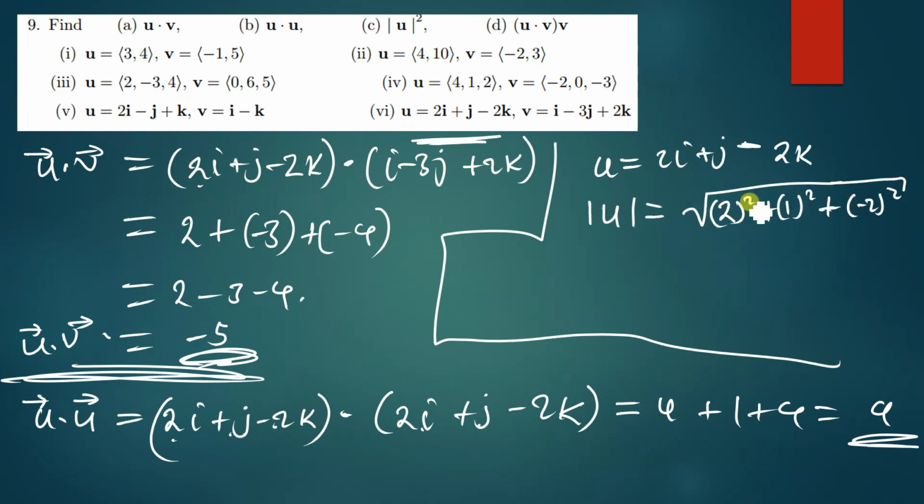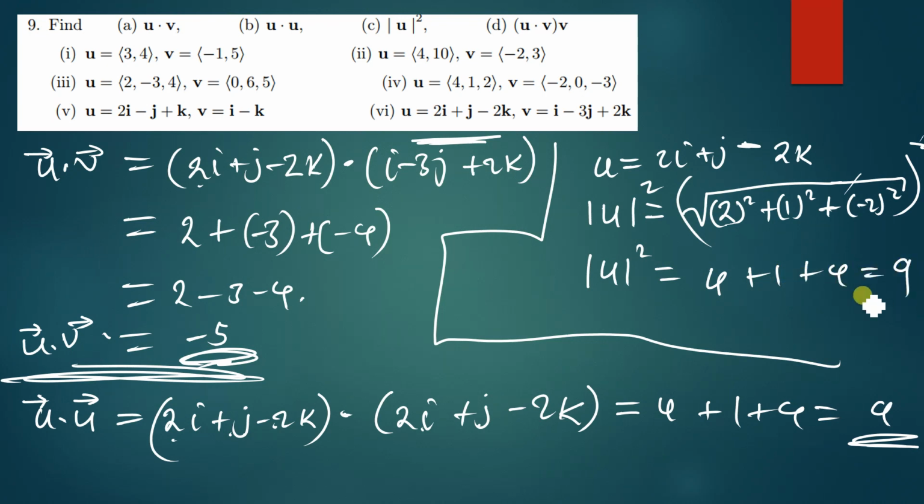Then once you square this, the square and the square root cancel, meaning the magnitude of u squared will just be what is inside. So we have 4 plus 1 plus 4, that is equal to 9.